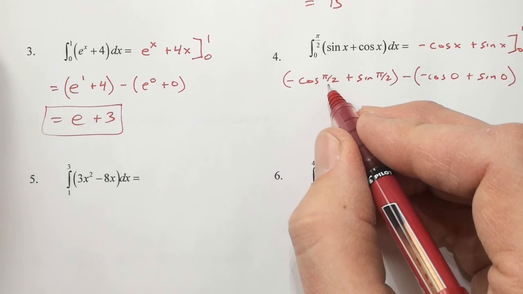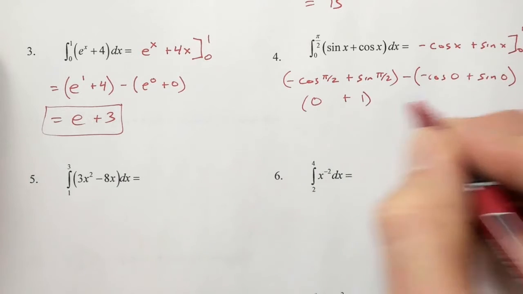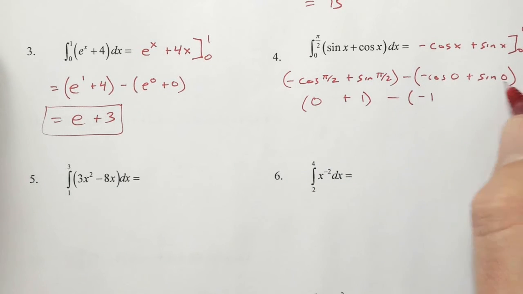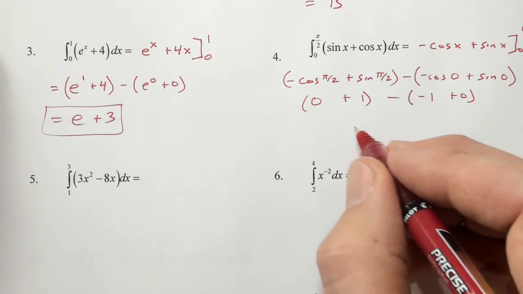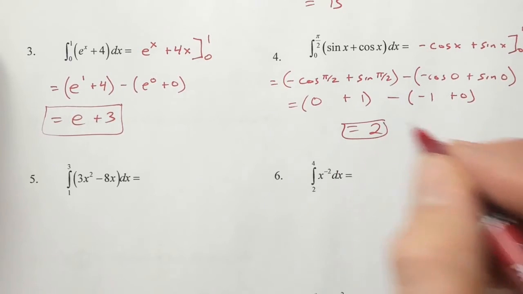Cosine of pi over 2 is 0. Sine of pi over 2 is 1. Cosine of 0 is 1, but it's negated. Sine of 0 is 0. 1 minus -1 means we're looking at 2 as our final answer.